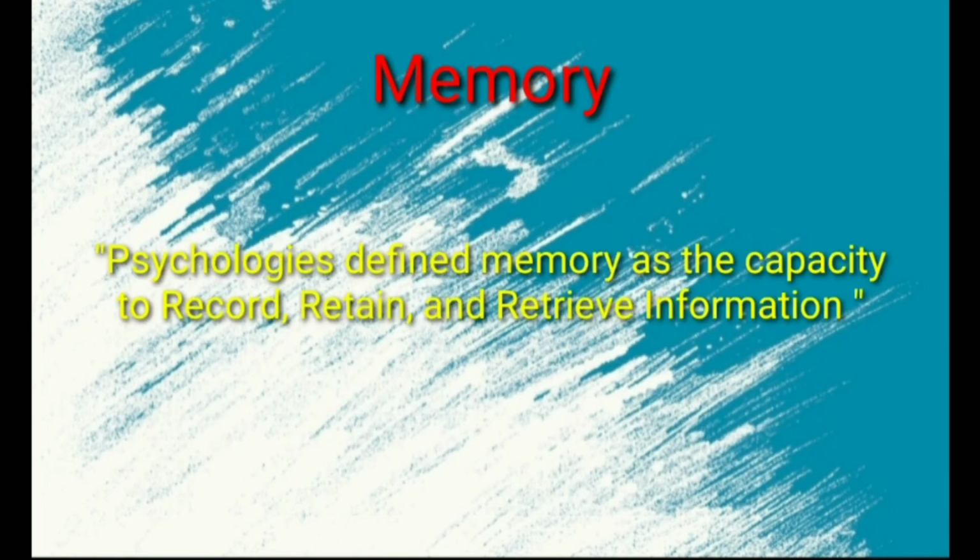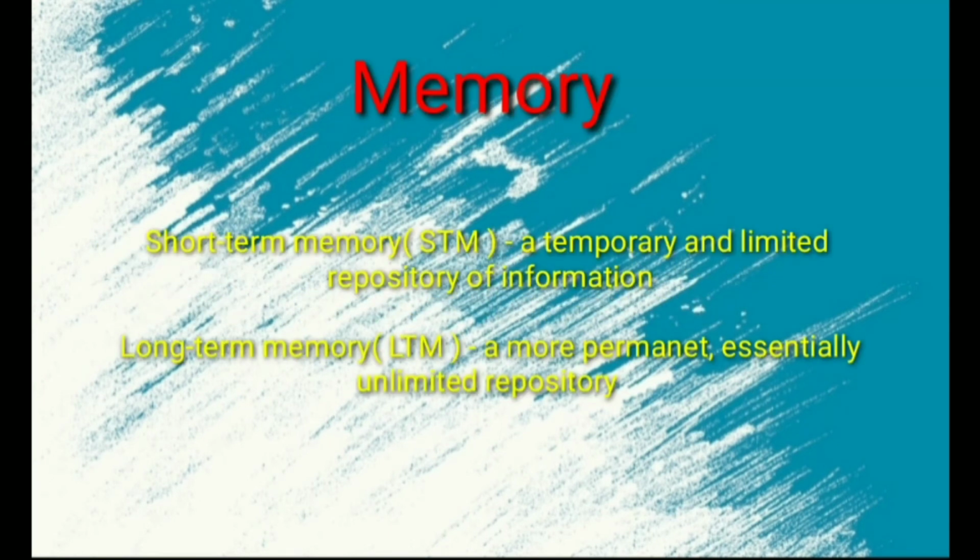Memory. Psychologists define memory as the capacity to record, retain, and retrieve information. We have two kinds of memory. Short-term memory, or STM, is a temporary and limited repository of information. Next is long-term memory, or LTM, a more permanent, essentially unlimited repository.